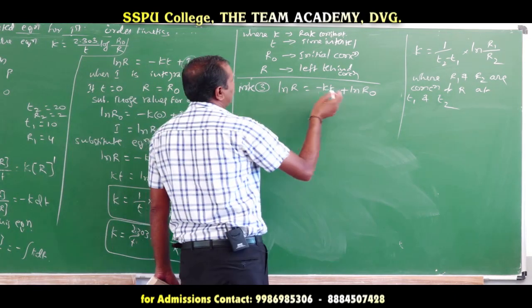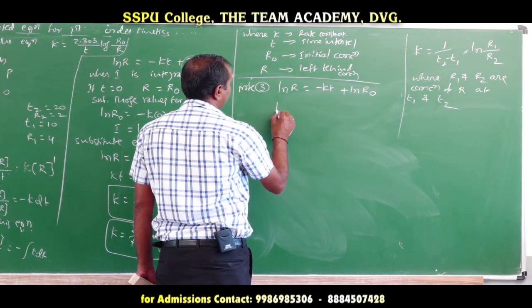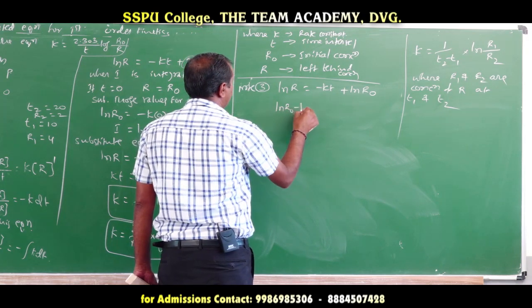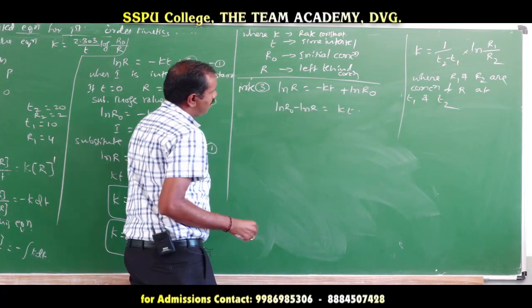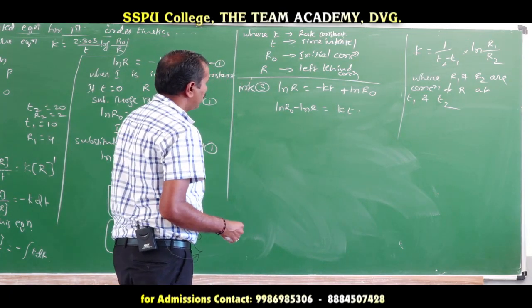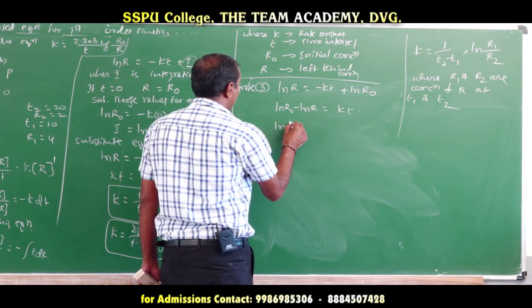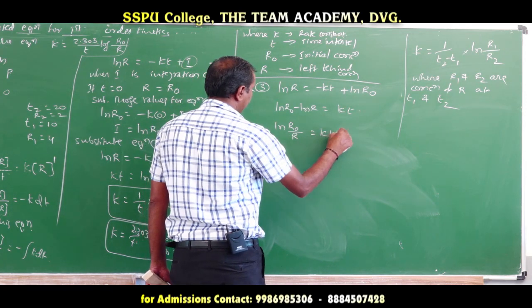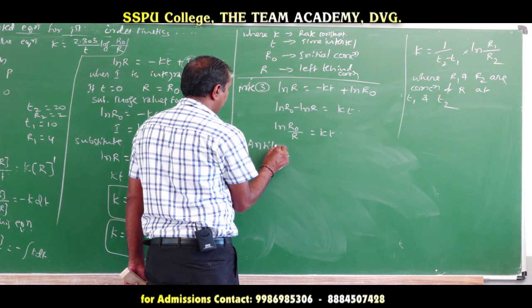We may write ln R naught minus ln R equals Kt, or ln of R naught by R equals Kt.